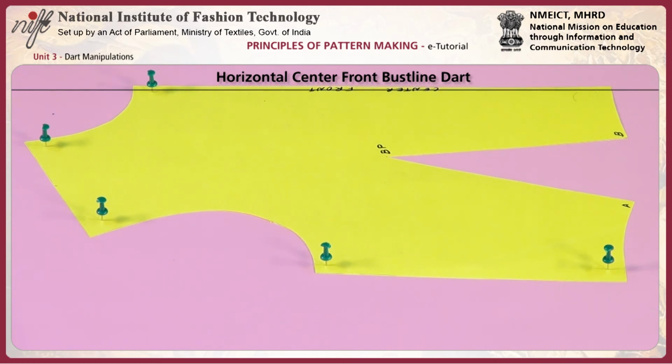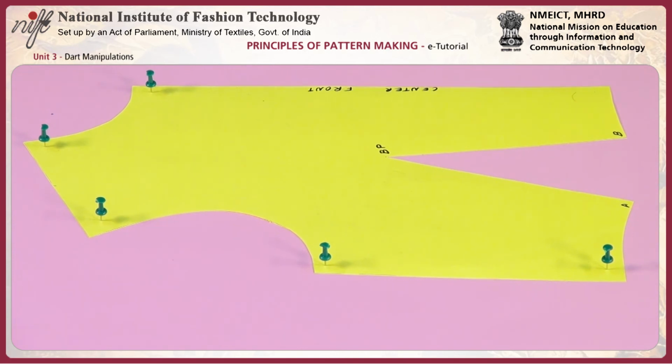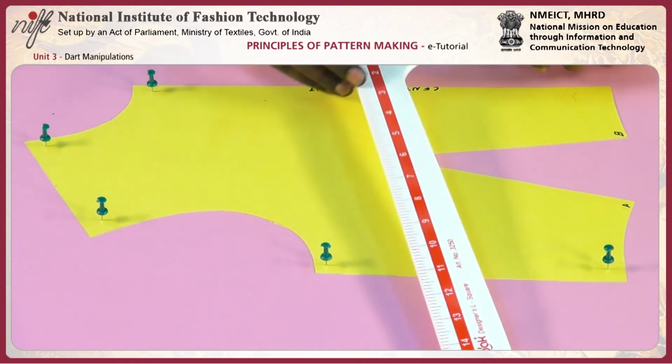Now we are going to make a horizontal center front dot. That will come exactly on the bust line. First mark the bust line.